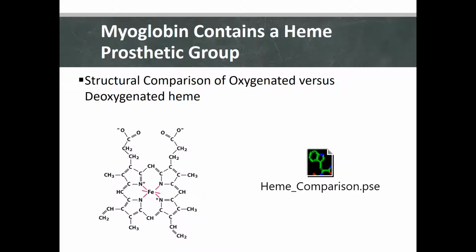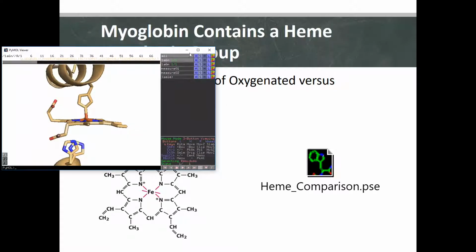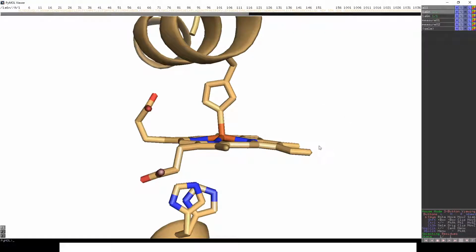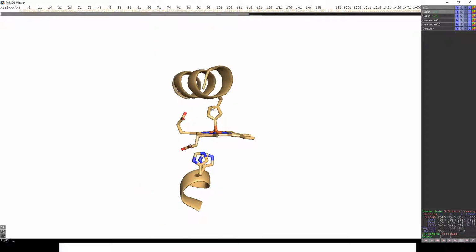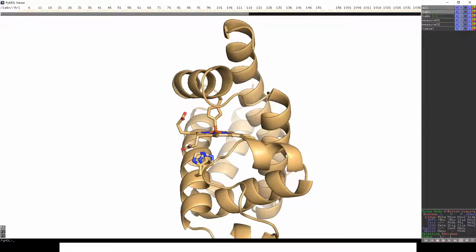Let's take a look at the heme group in the context of myoglobin. Okay, so I'm going to throw a structural view up here for you, and if I back out, I want you to see I don't have the whole protein shown. Let me actually show you what that would look like.